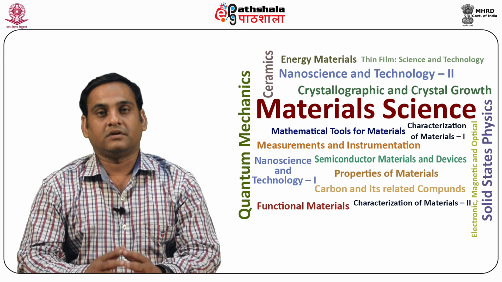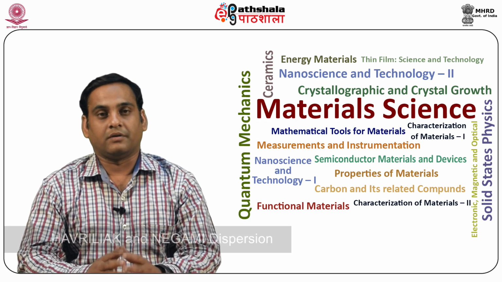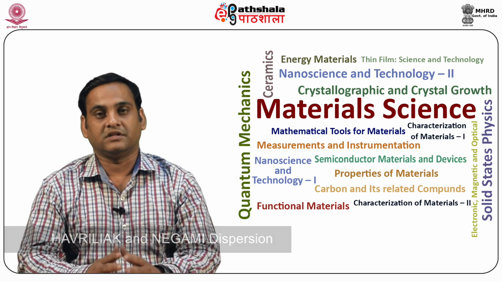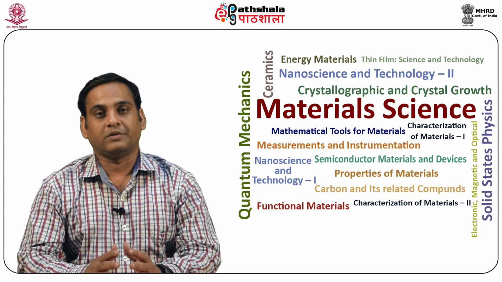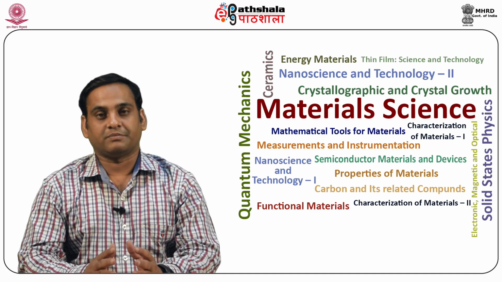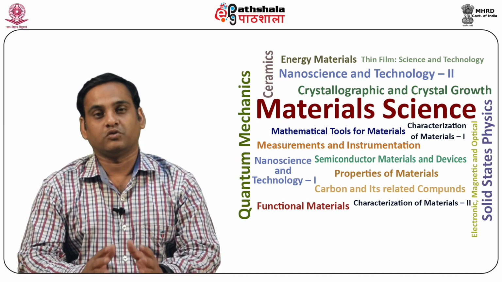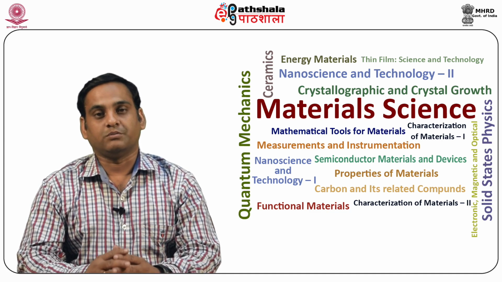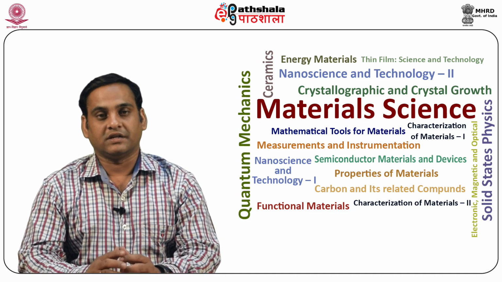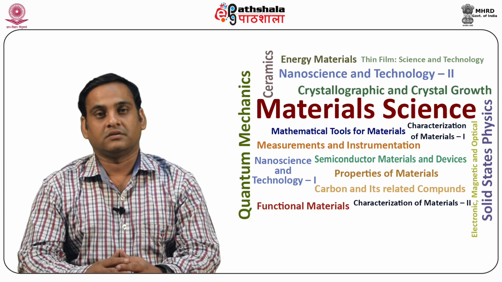Havriliak-Negami dispersion is given for more complicated structures, in particular polymer materials. The complex plane plots of polymers obtained by isothermal measurements do not lend themselves to the simple treatment that is used in the case of simple molecules.